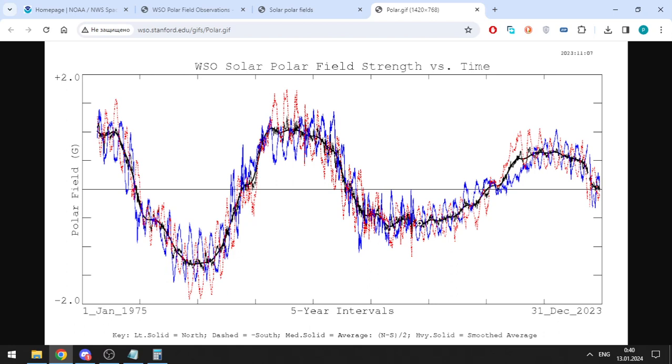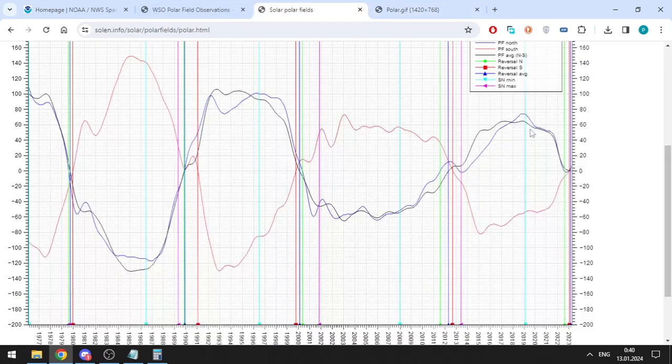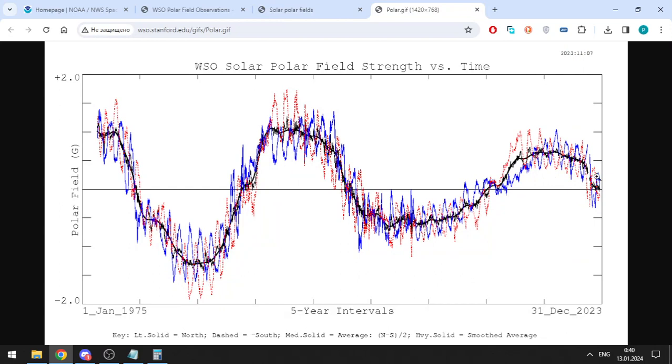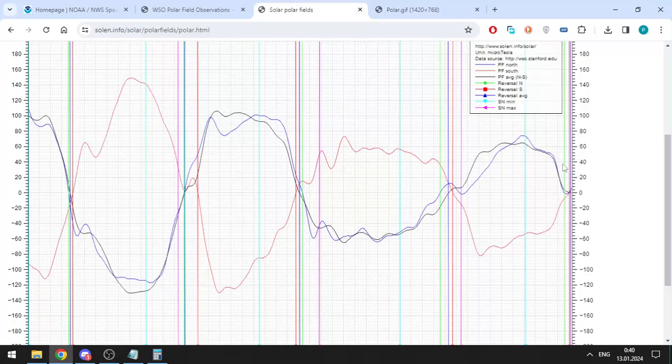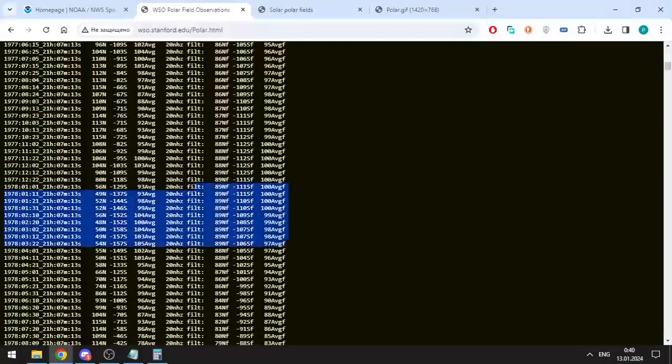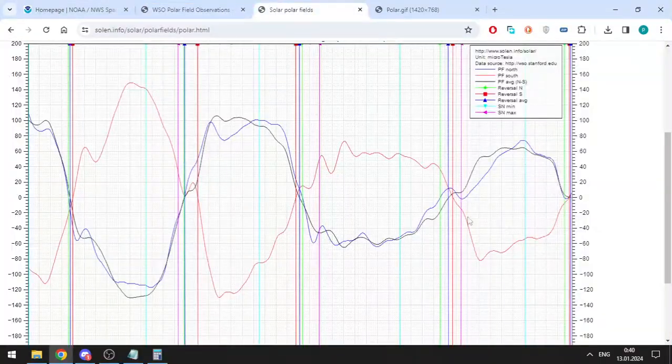sort of more calm curve, right? And this is what they're showing here. They're only showing the averaged curves. Here we have only one averaged curve, not averaged but filtered, smoothed out. There's only one curve smoothed out, and here they artificially take the numerical data from this website. You can see it here.